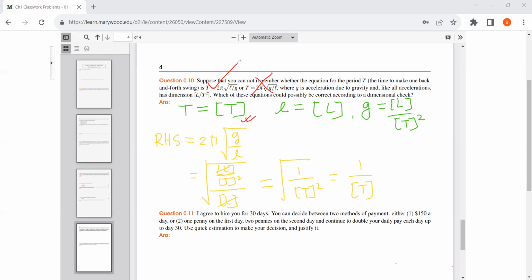In the next lecture I will be talking about chapter 2, which is about kinematics. There I will be discussing speed, velocity, acceleration, and then something called the kinematic equations. In the next lecture we will be learning all of that. I will see you in the next lecture. That's it for today.